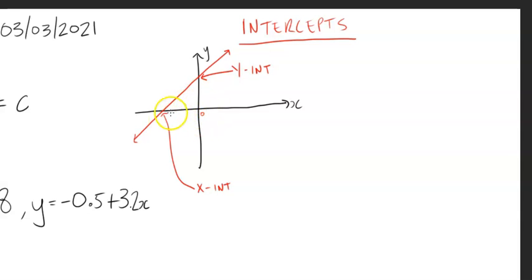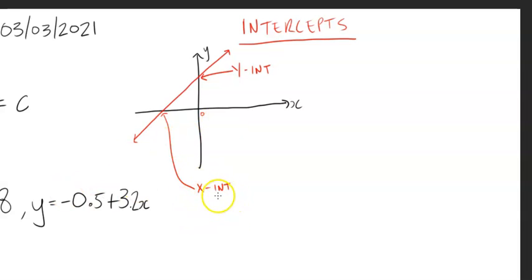But when we graph an equation, there will always be an x and or a y-intercept that occurs. And there are these special considerations that we have to look into.